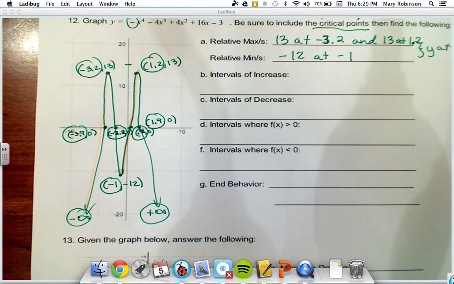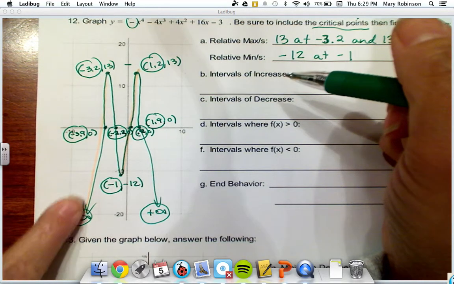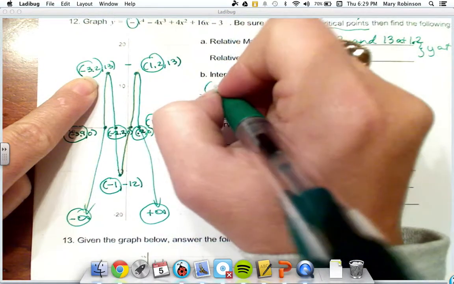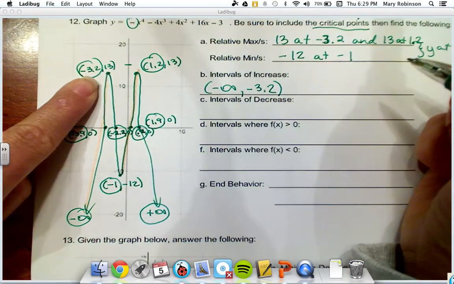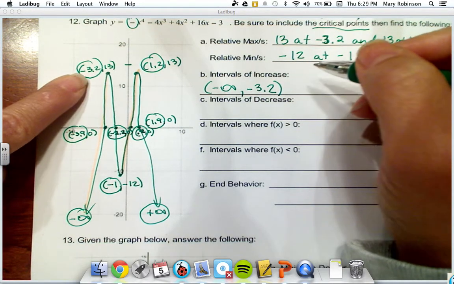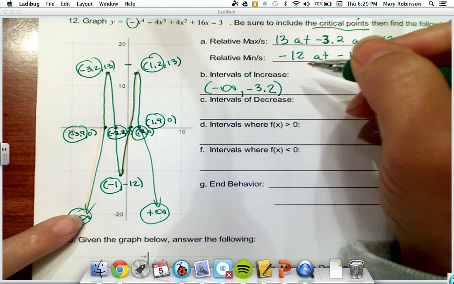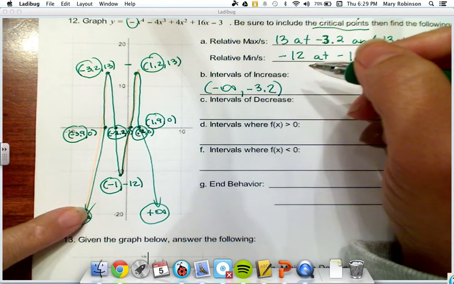That'll help you. So when I'm writing my intervals of increase here, I can see that it increases from left to right, from negative infinity to negative 3.2, close parentheses. All intervals should be in parentheses. So if you're having trouble deciding what's increasing and decreasing, I told my students to think like you're riding a roller coaster, and you're always starting on the leftmost arrow.